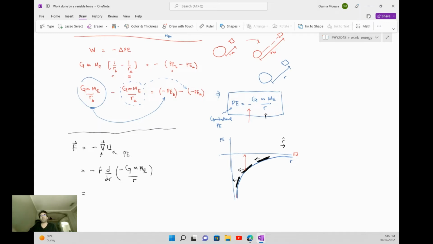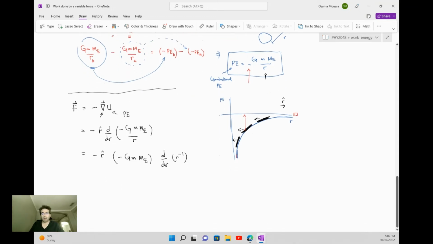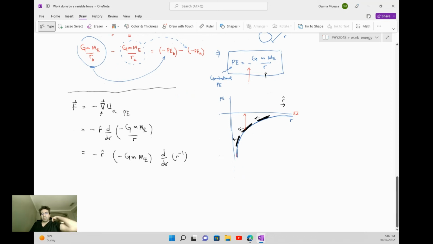Well, the derivative of 1 over r is negative 1 over r squared, right? So you can think of it like that: negative r hat, negative G, M, M_E, constants, let's take them out of the derivative. And then I'm taking the derivative of r to the negative 1. So that brings down the negative 1, and then I decrease the exponent by 1, so I get negative 2.